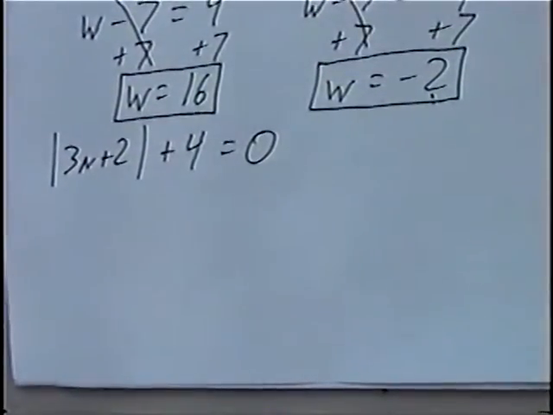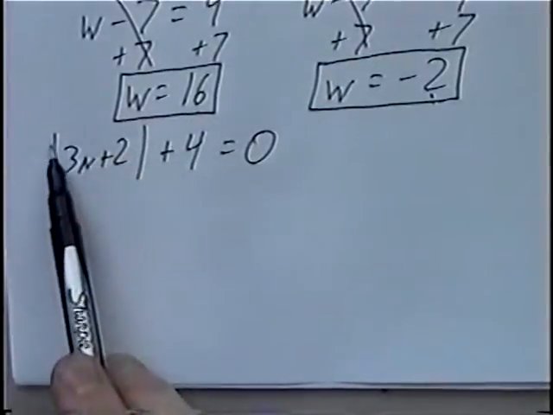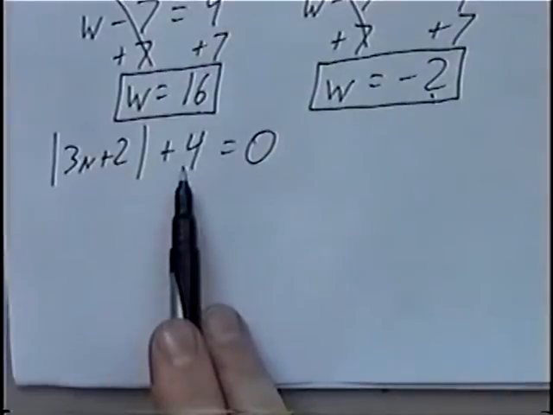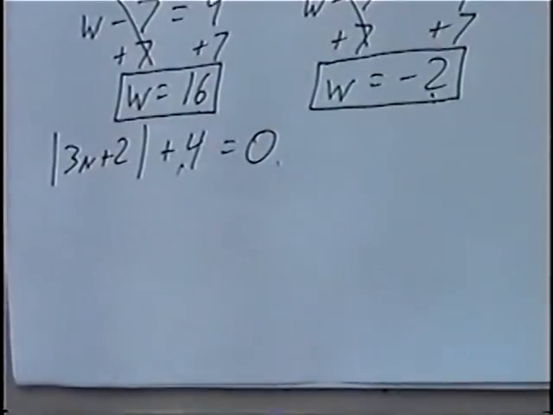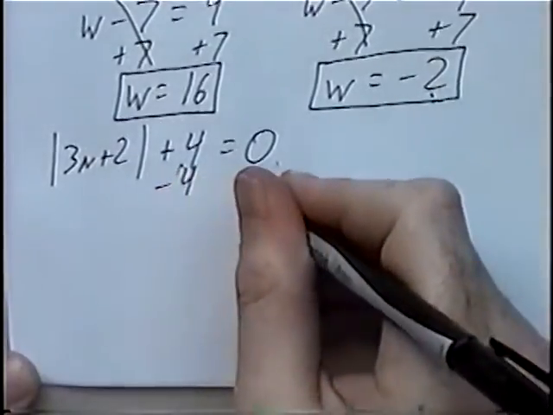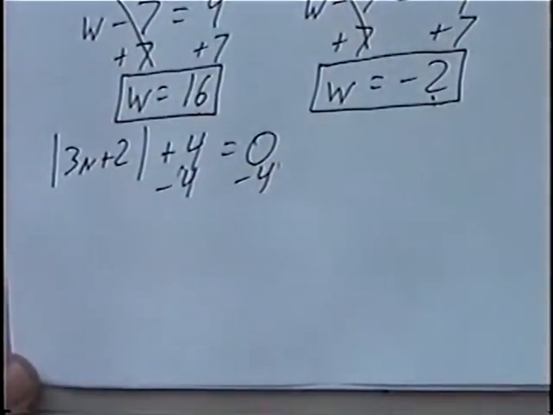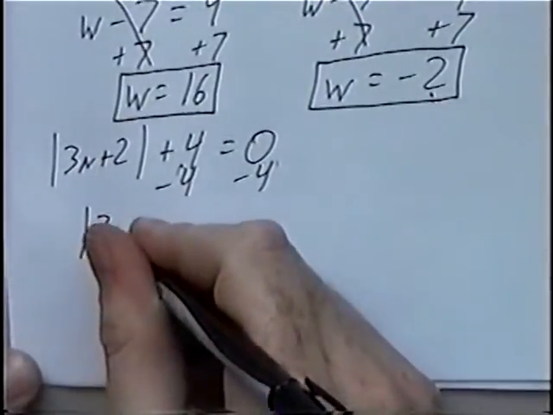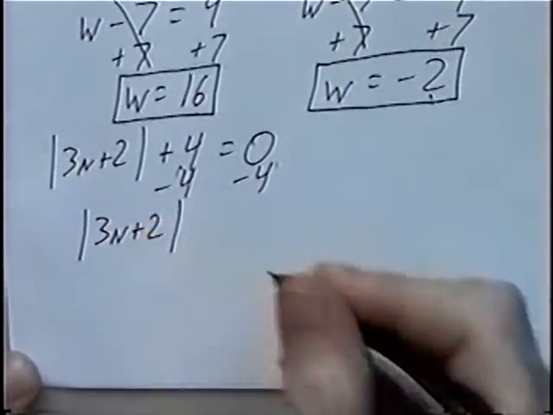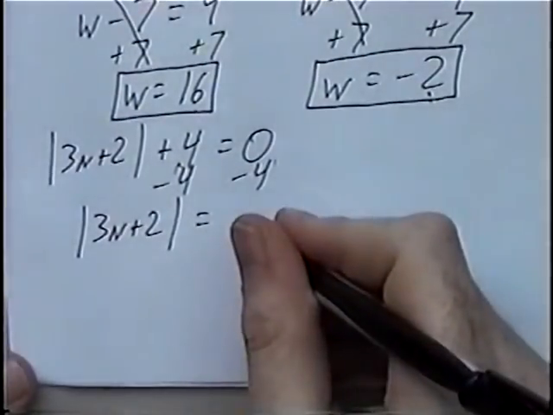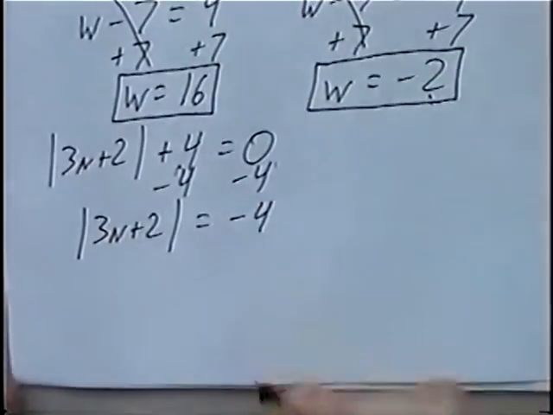Solving this question, again, the first step is to isolate the absolute value, or get the absolute value by itself, which means we have to move this positive 4 to the opposite side. To do that, we can subtract 4 on both sides. Absolute value of 3n plus 2 would stay the same, and 0 minus 4 would equal negative 4.